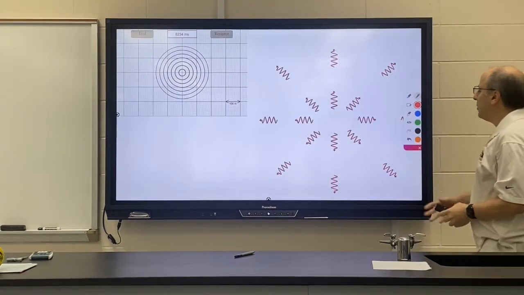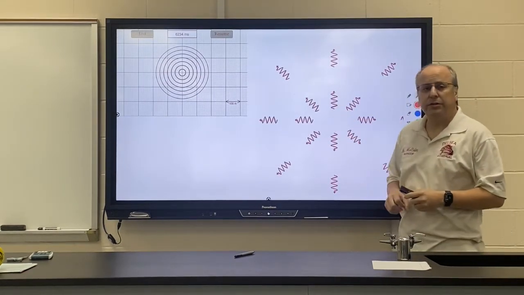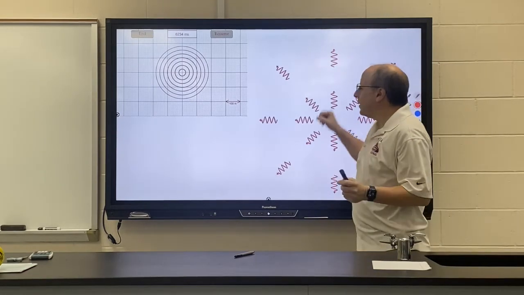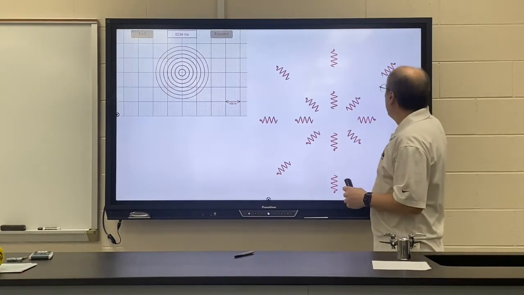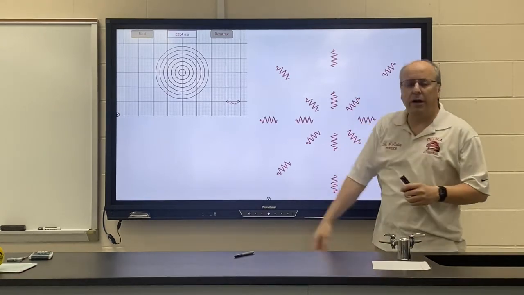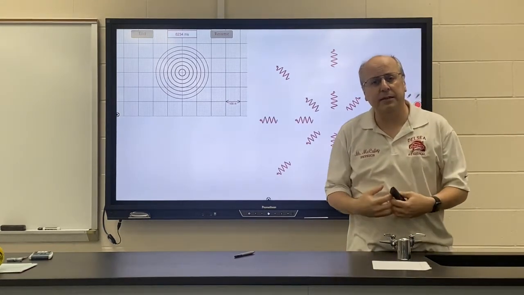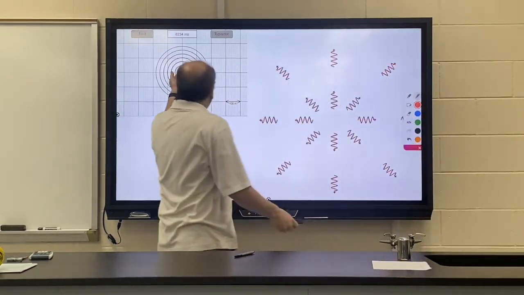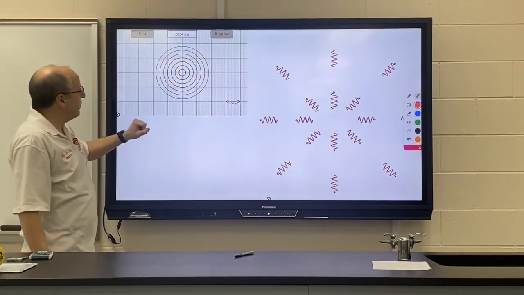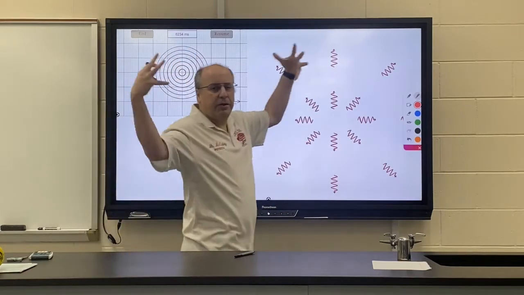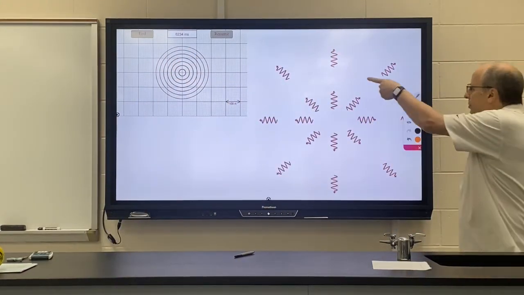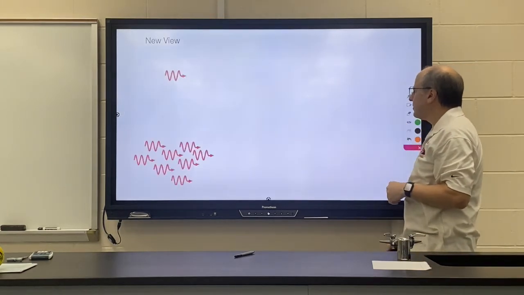So in this model, we now think of light composed of these little bundles, these photons, and as they travel away from the source, the concentration of these photons would lessen and the light would appear less bright. In the old model, we thought of light as a wave, and it spread out into bigger and bigger surfaces and became less bright. Old model, new model.